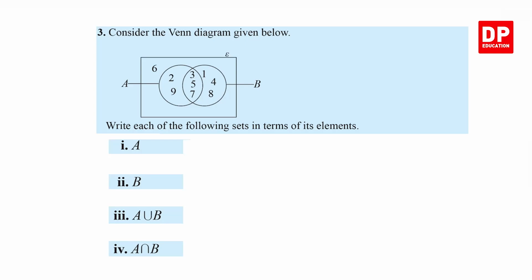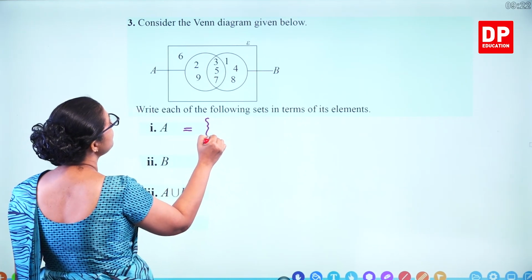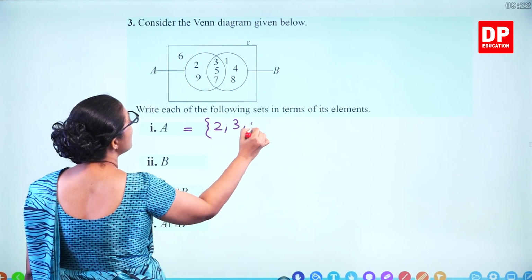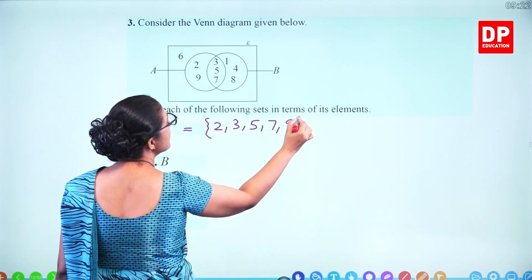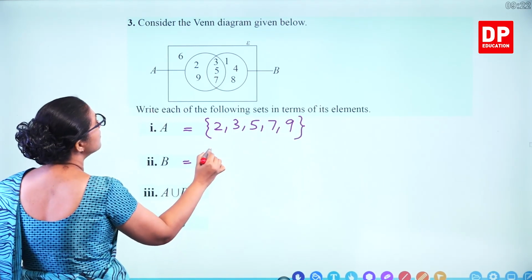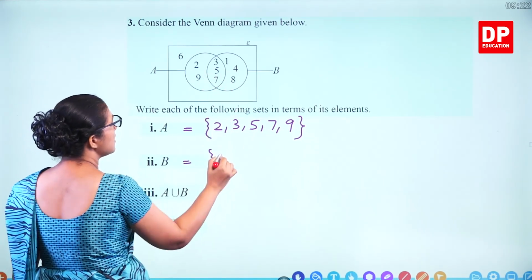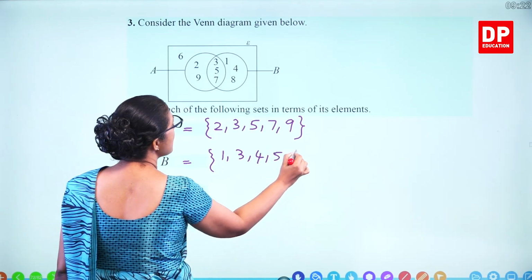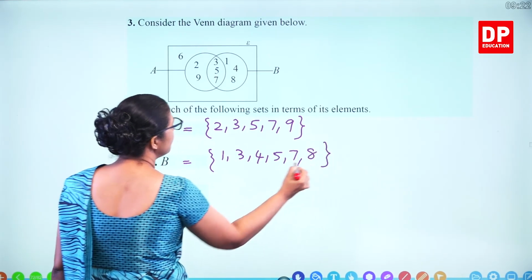Consider the Venn diagram given below. Write each of the following sets in terms of its elements. What's A? Inside the A circle: 2, 3, 5, 7, 9. B? Inside the B circle: 1, 3, 4, 5, 7, 8.